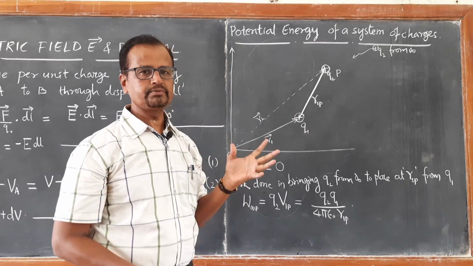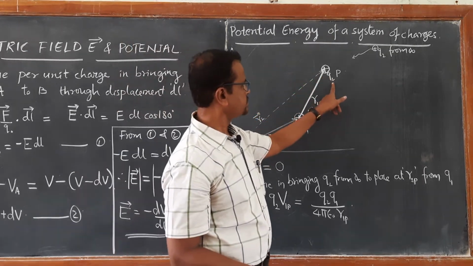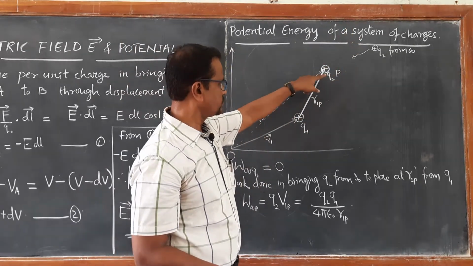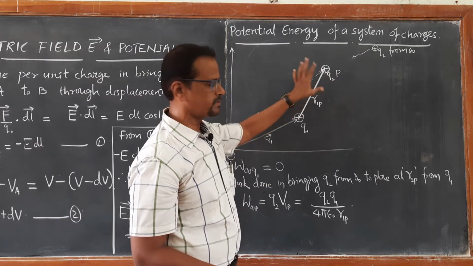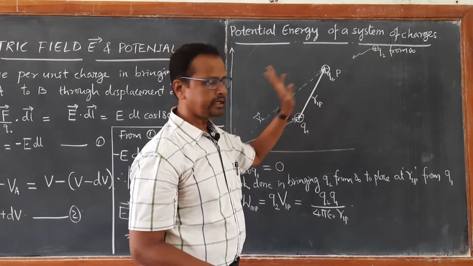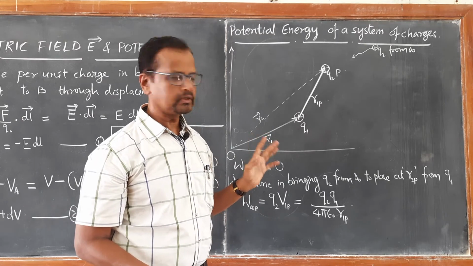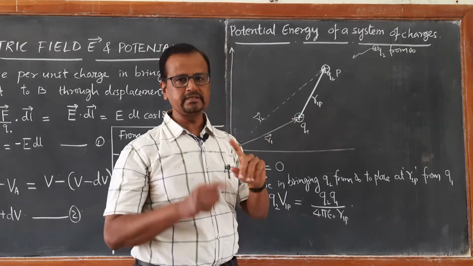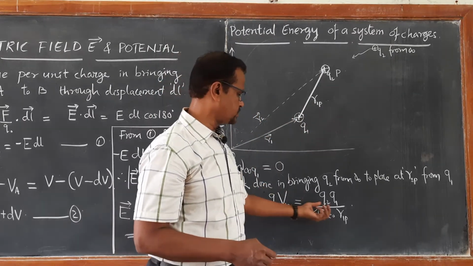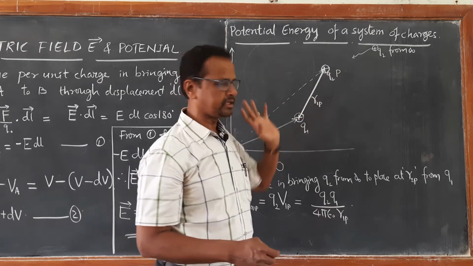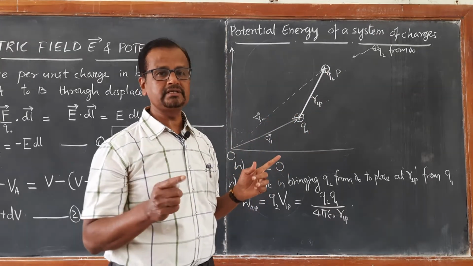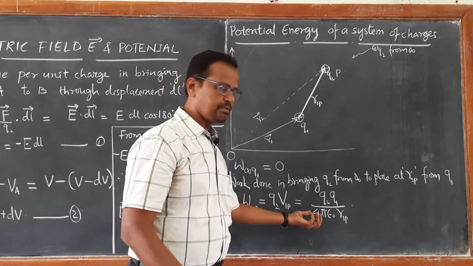Work has to be done in bringing point charge Q2 from infinity to place it over here against the force of repulsion between Q1 and Q2, because both are positive charges. This will be stored in this system of two charges as potential energy, which is positive.